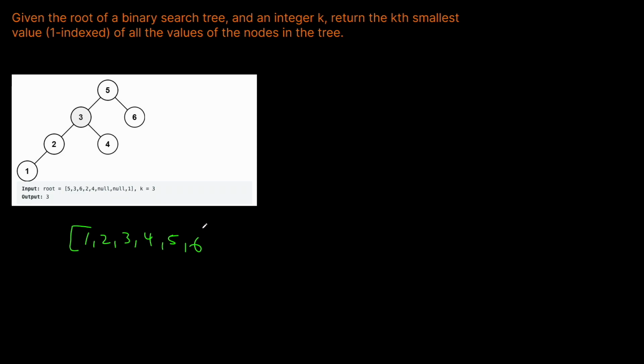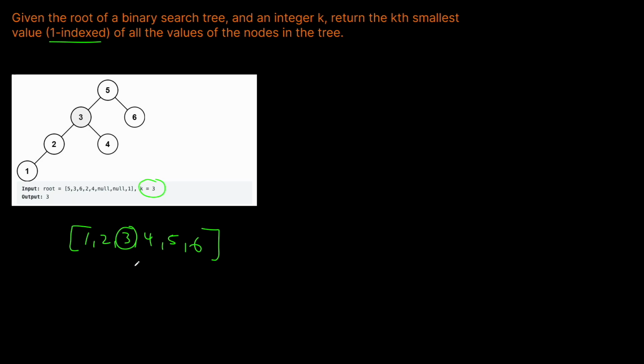That's the elements, and then we just take whatever we're looking for. So we take the third largest, which is going to be at index 2, right? Because the value we're looking for is 1 indexed, but our array is 0 indexed, so we need to subtract 1 from whatever the value is to find our answer here. So we would return this 3 here.